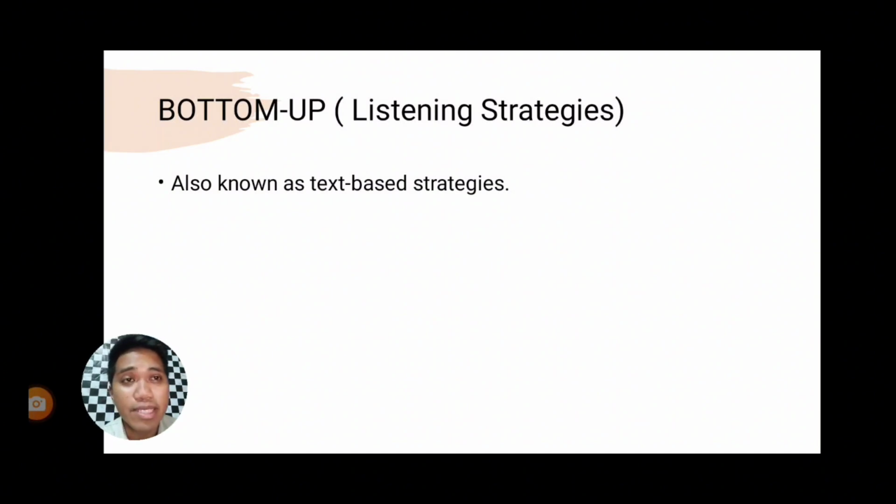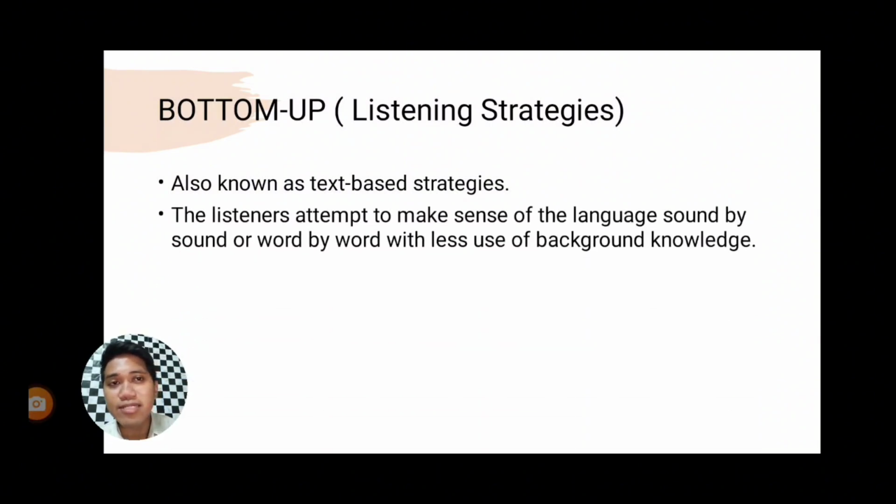When we say text-based strategies, you are referring your interpretation to the text itself. Okay. The listeners attempt to make sense of a language sound by sound or word by word with less use of background knowledge. So the listener is referring his or her interpretation to the language as sound.